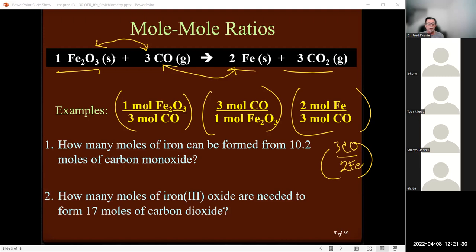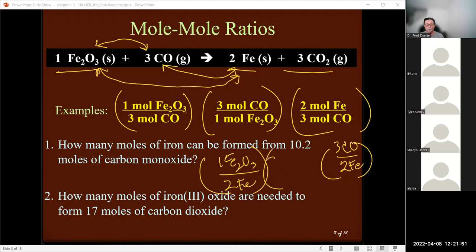And now not only do I have a relationship between 2 reactants, I can also have a stoichiometric relationship between the iron 3 oxide and the iron. So that is a 1 to 2, or I can invert it or use that relationship, okay? The bottom line is this.